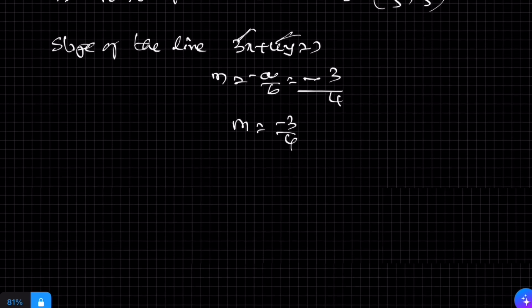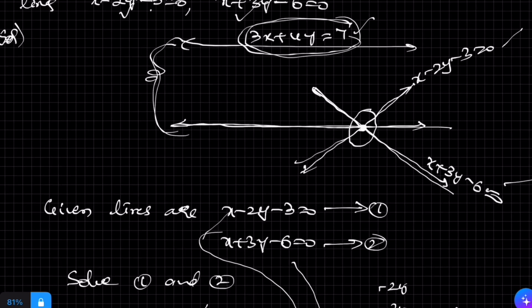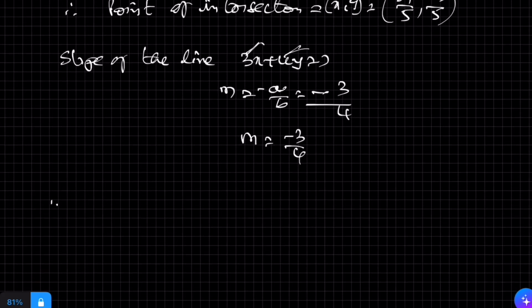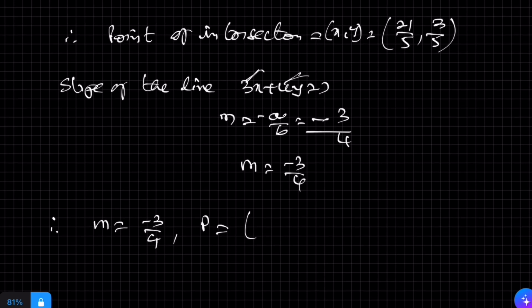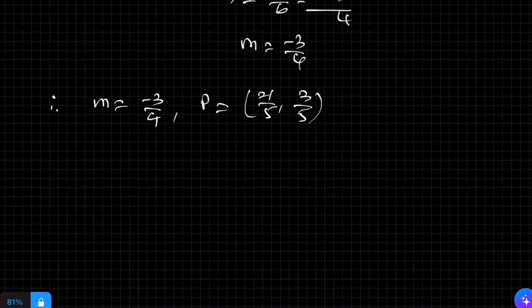As the two lines are parallel, the slope of this line and the slope of that line are equal. Therefore the slope of the required line is minus 3 by 4, and the point is 21 by 5 comma 3 by 5. Now we need the equation of the straight line.